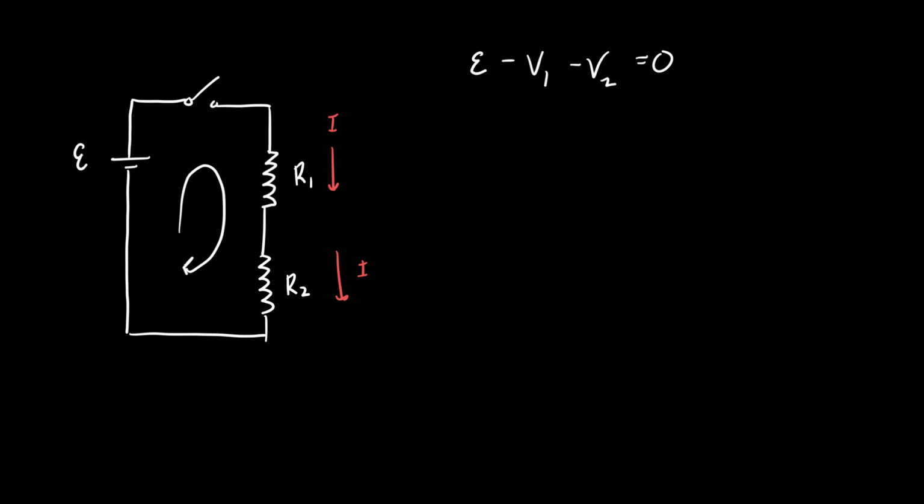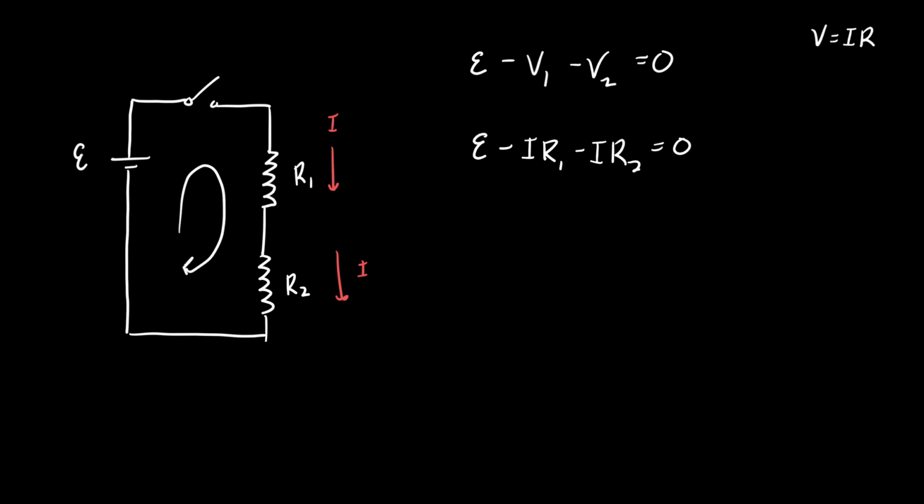That's important because I'm going to use Ohm's law, V equals IR, in that form and sub it in to get EMF minus IR1 minus IR2, and this still equals 0.